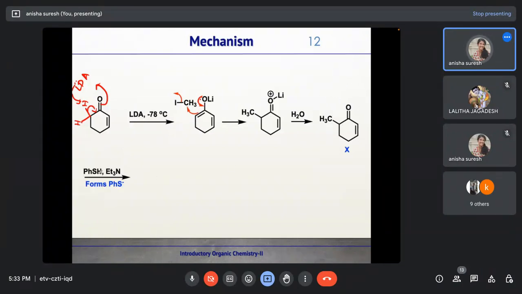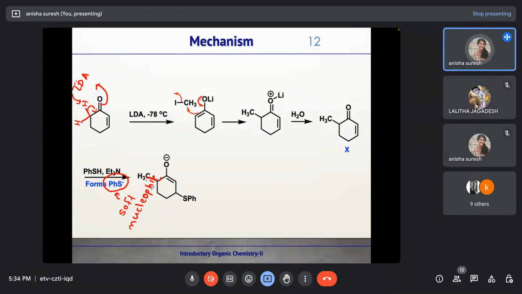Now we have PhSH and triethylamine. So triethylamine will be abstracting the proton from PhSH, giving rise to PhS minus. This is a soft nucleophile. We have seen when we were discussing hard and soft nucleophiles, PhS minus will be a soft nucleophile.